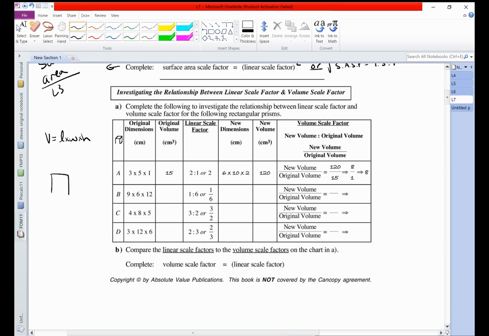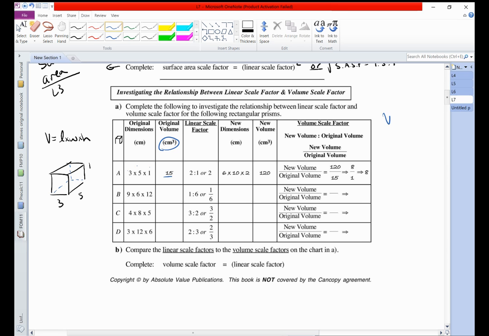If I have a 3 by 5 by 1, like I drew above, it's not the measure of the areas of everything, it's how much space this entire shape takes up. So we go 3 times 5 times 1, and our original volume is 15, in centimeters cubed, because it's centimeters times centimeters times centimeters.